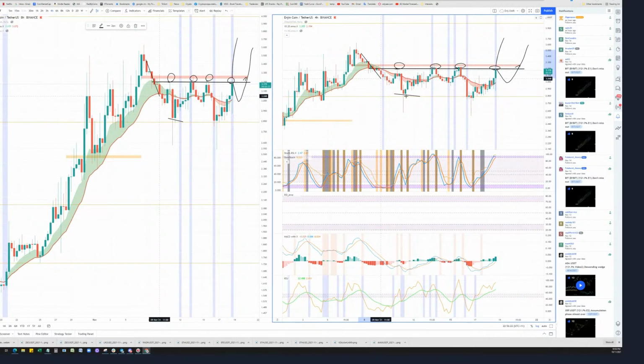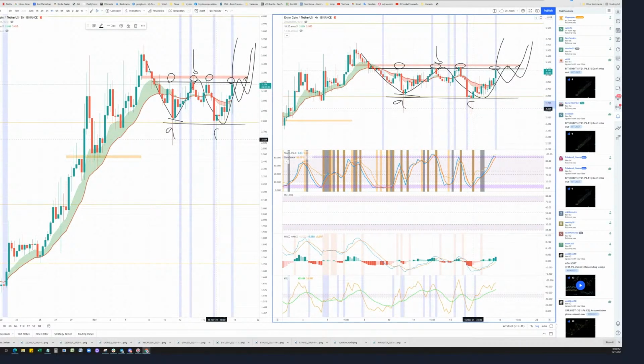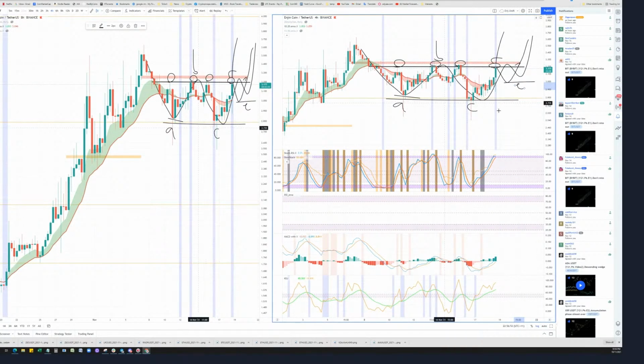So what we have is a W formation. In some cases, it just does that. So it's a double bottom, that's for sure. And it's got a good response. And if you just do your A, B, C, D, E type of thing, if that's your A, B, C, D, and your E is somewhere around here, and that's a break, the target will be double this height.